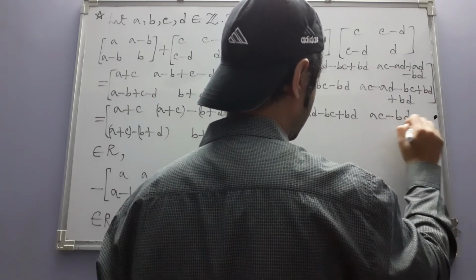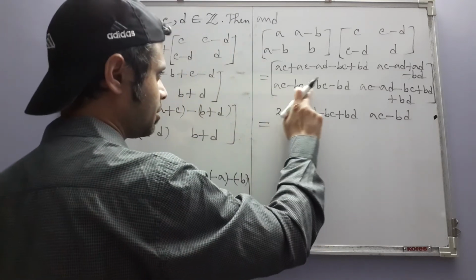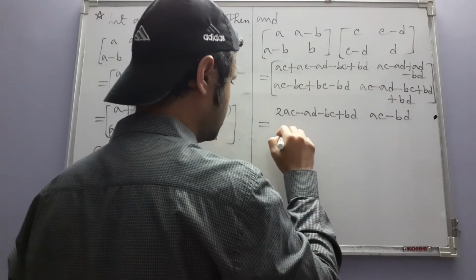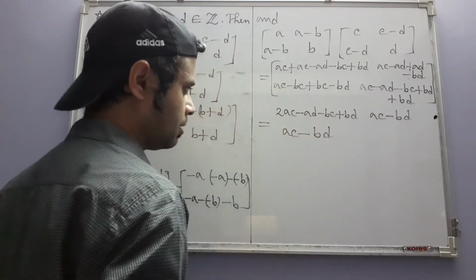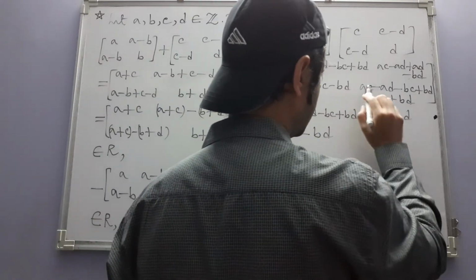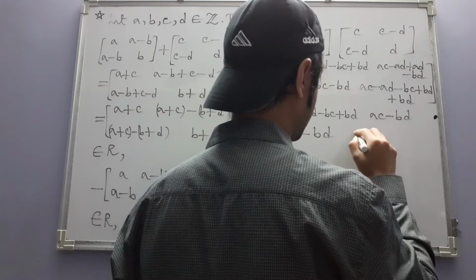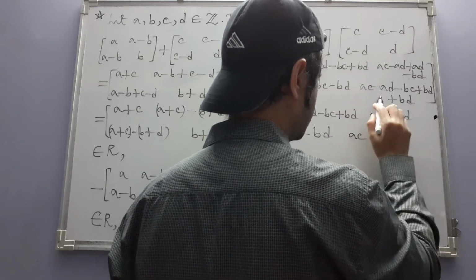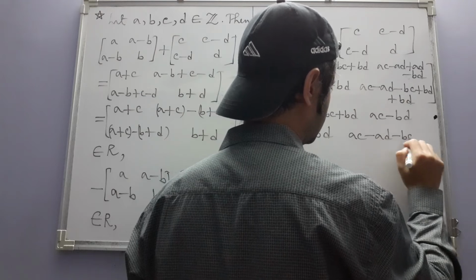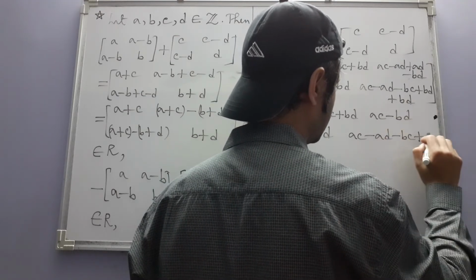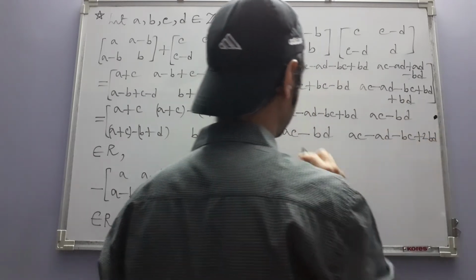We are left with AC minus BD. Here also minus BC and plus BC, they will cancel each other and we will be left with AC minus BD. And here AC minus AD minus BC plus BD is 2BD.